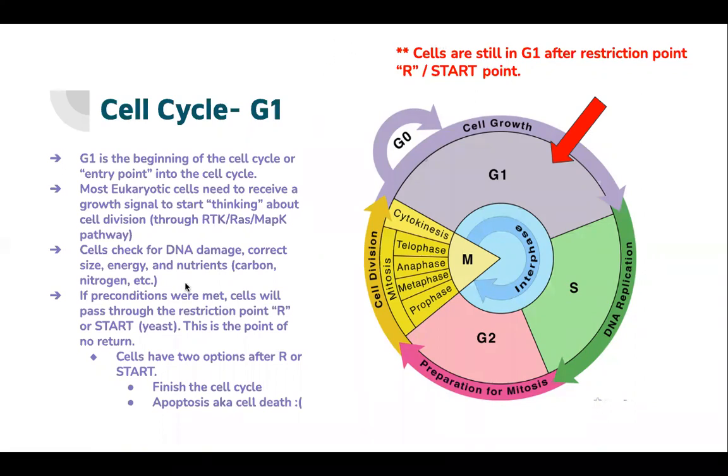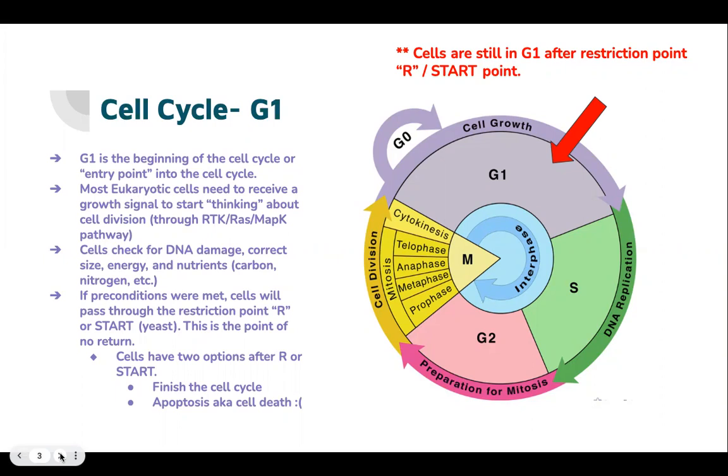During this time, as it's been growing, it's also going to check for DNA damage to see if it has enough nutrients and energy to continue to go on. And if it receives a growth signal and all of the nutrients and DNA levels are at the correct levels, the preconditions will be met, and then the cell will be able to pass through what is called the restriction point right here, towards the end of G1.